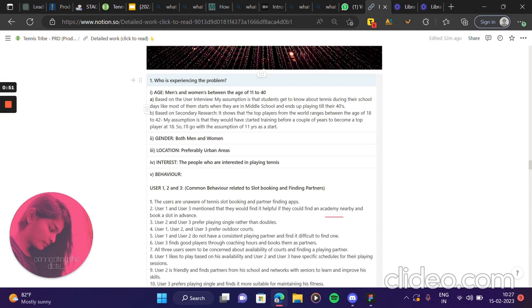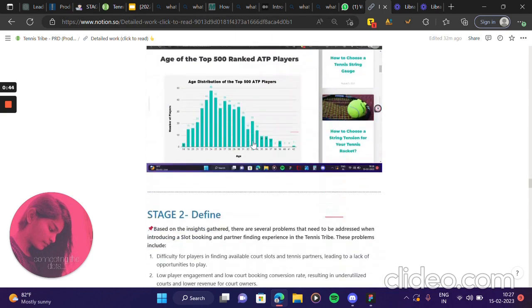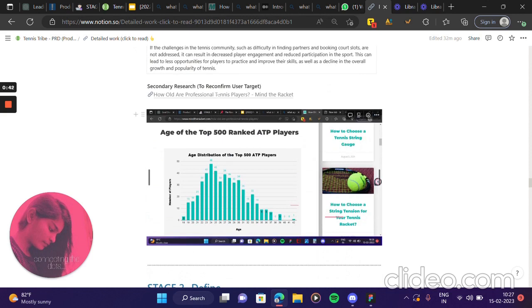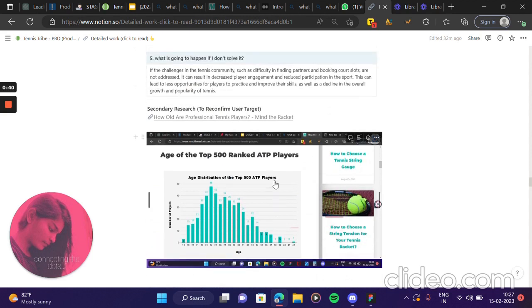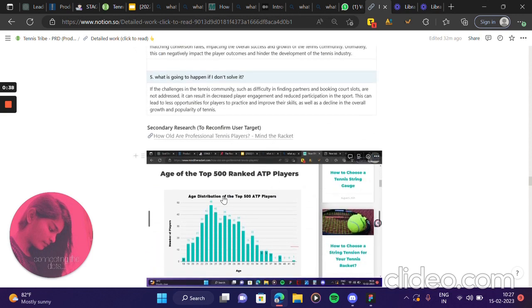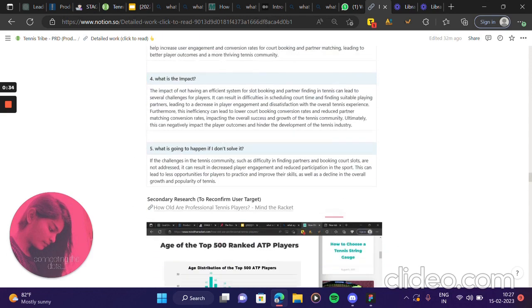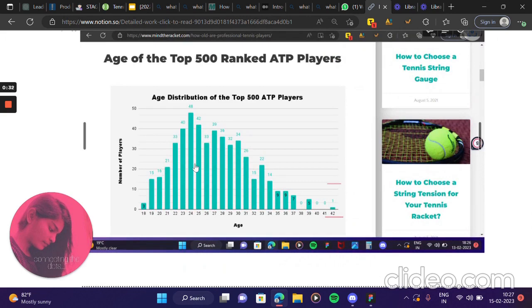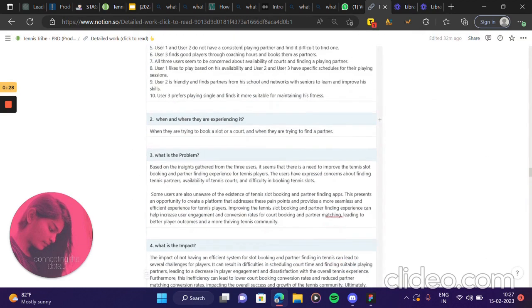Most of them start in middle school and keep playing till their 40s. Also, based on secondary research, from a well-established blog, I observed that people from 18 to 40 play the most, like the top players.